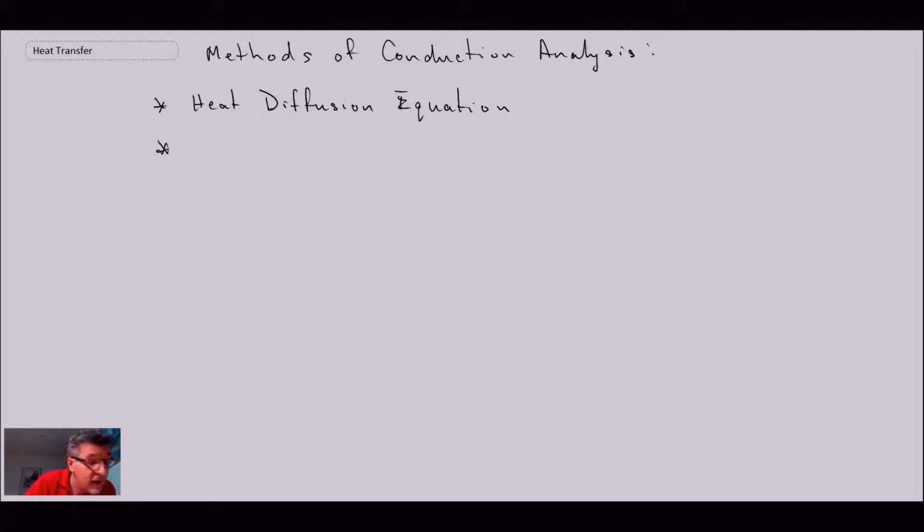Numerical analysis, I've already talked about what we're going to be doing there. We will look at numerical analysis, and I'll give you an Excel spreadsheet tool that enables you to do two-dimensional numerical analysis, but there are other techniques as well. And then finally, what we've been focusing on in the last lecture is what we call this alternate or alternative method.